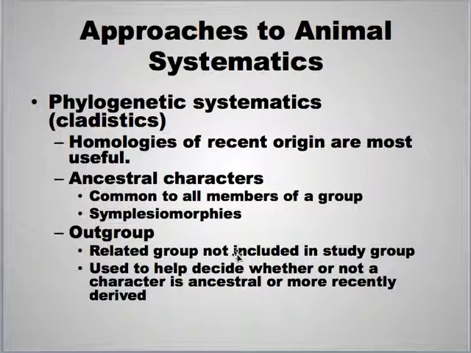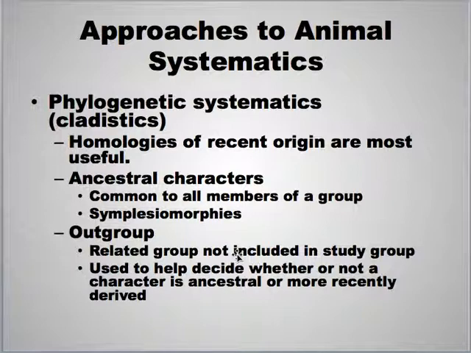So you're going to look at ancestral characteristics that are common to all members of a group because they're going to indicate common ancestry. So you group organisms according to common traits. And those individuals are probably coming from common ancestors.